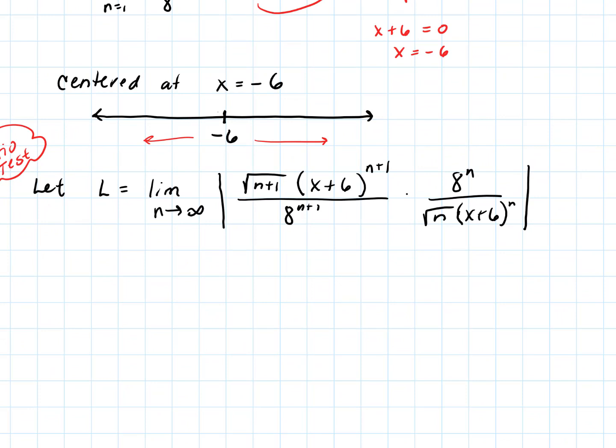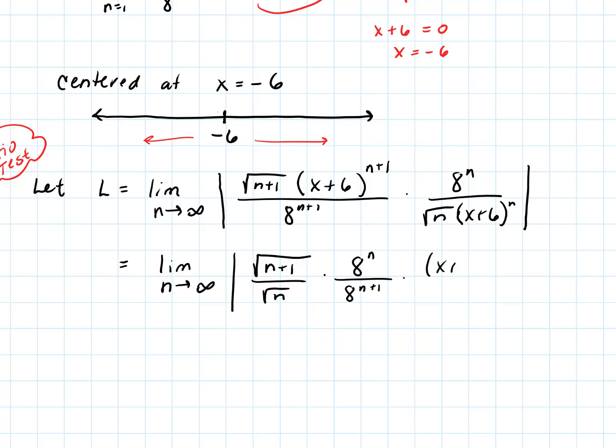Keep going, simplify this down. We're going to have the limit as n approaches infinity of, I'm going to bring my roots together, so I have the square root of n plus 1 over the square root of n. Bring my 8 to the n over 8 to the n plus 1, and I have my x plus 6 to the n plus 1 over x plus 6 to the n.